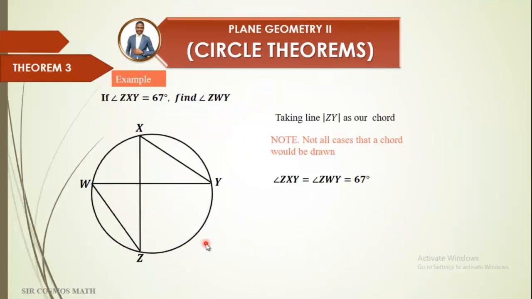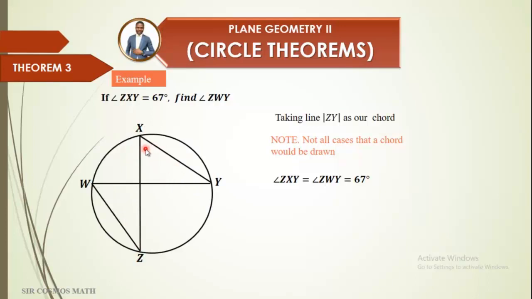Let's get some examples. Look on the screen. According to the question, if angle ZXY is equal to 67, find ZWY. ZXY, this angle is 67.